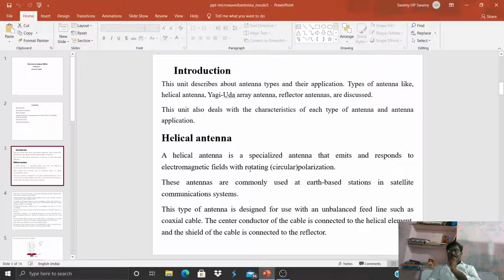But in this helical antenna, you can use an unbalanced line like a coaxial cable transmission line.